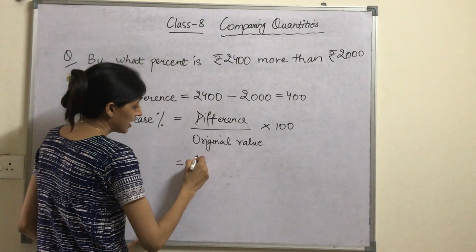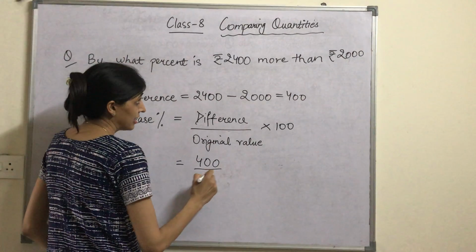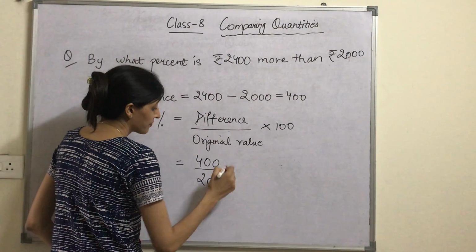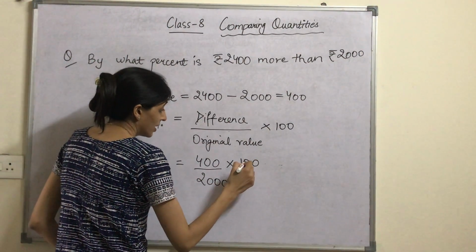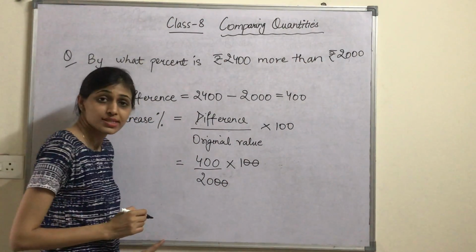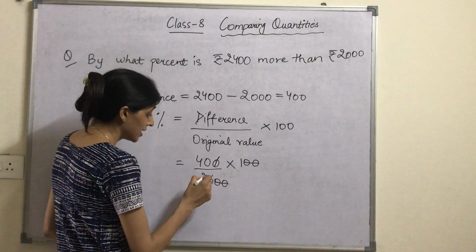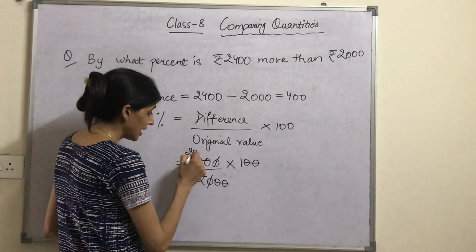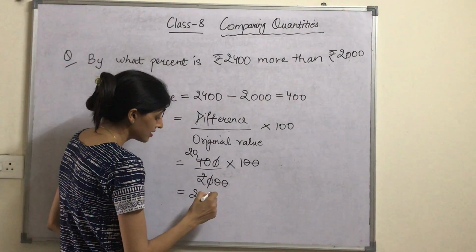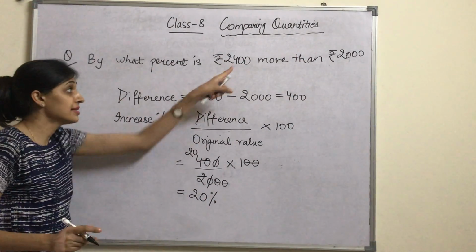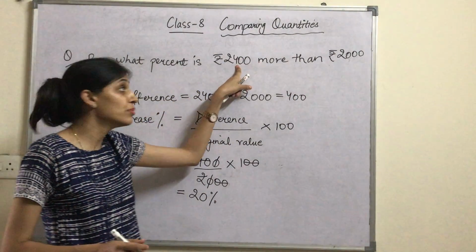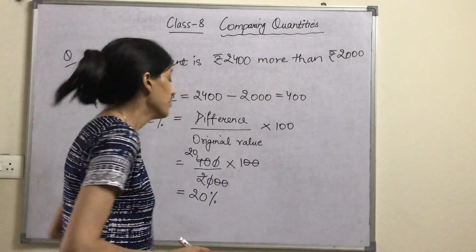The difference is 400. The original value here is 2000, so 400 upon 2000 into 100. The zeros cancel and the final answer is 20%. This number is 20% more than that number.